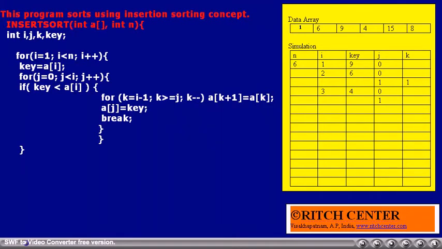For doing this, the for loop for k is equal to I minus 1, k greater than or equal to j, k minus minus will be executed. Starting value of k is 2, that is I minus 1. Thus, a of k plus 1 is equal to a of k is executed. That is 9 is moved to a of 3.